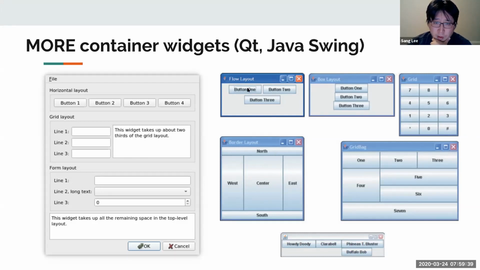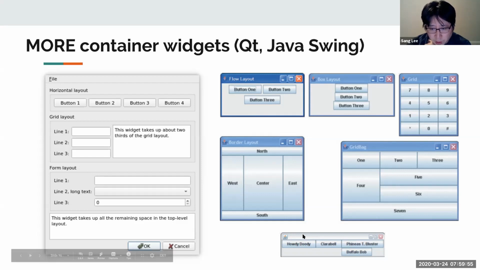So they have other kinds of layout, and you can see the title of the window is the name of the layout. So flow layout, box layout, grid bag, border layout, and I don't know what this is. So no layout, I guess. But this looks weird, you can think of it like a Word document where on the top part, there's going to be a toolbar.